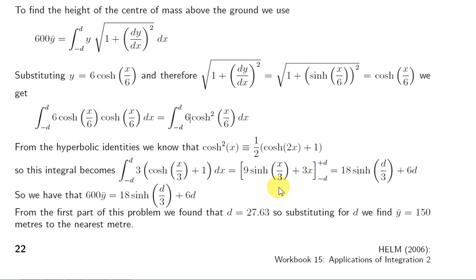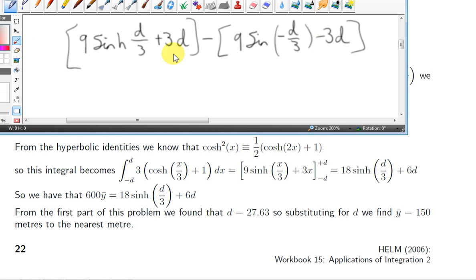Now we plug in the upper limit, which is plus d. When we plug in the lower limit, minus d, we have hyperbolic sine of minus d over 3. That's the same as minus hyperbolic sine of plus d over 3. And the two minuses give us a plus when we subtract the two expressions. So we end up getting 9 plus 9 or 18 hyperbolic sine d over 3. So just to be clear again, this is what we get when we plug in the limits.